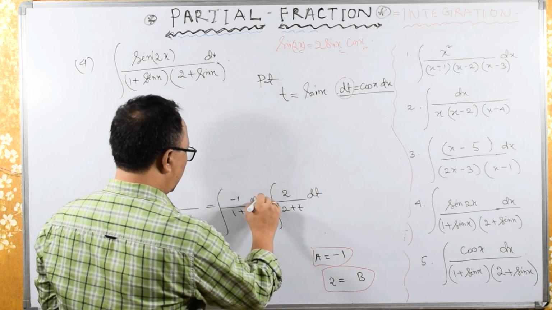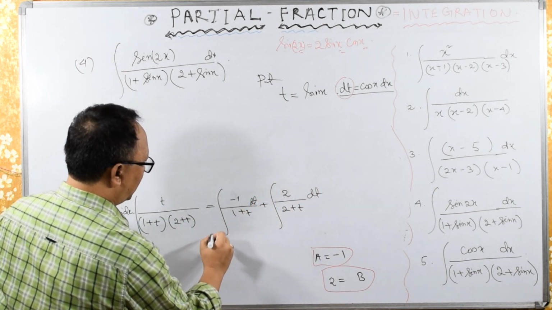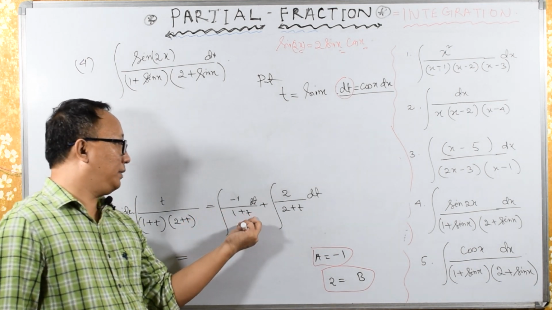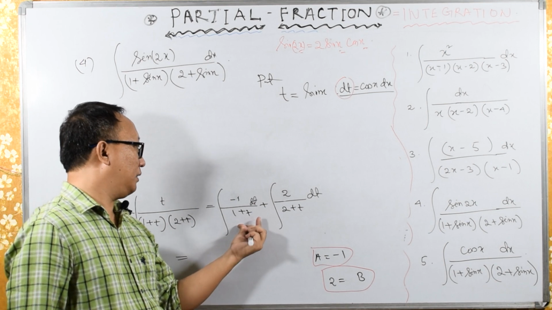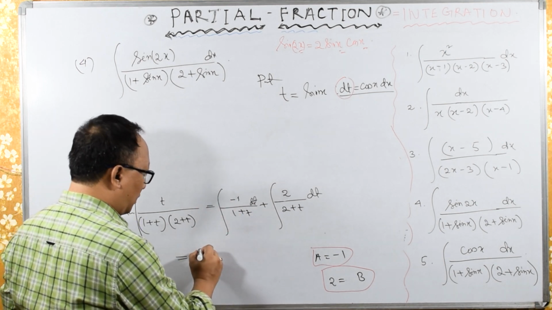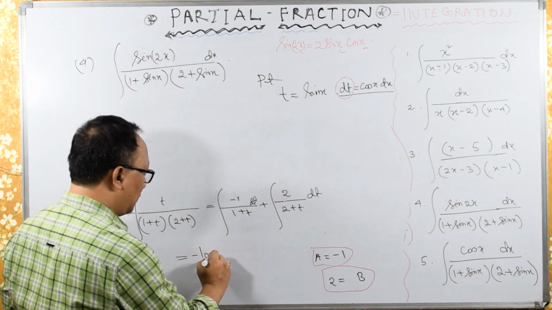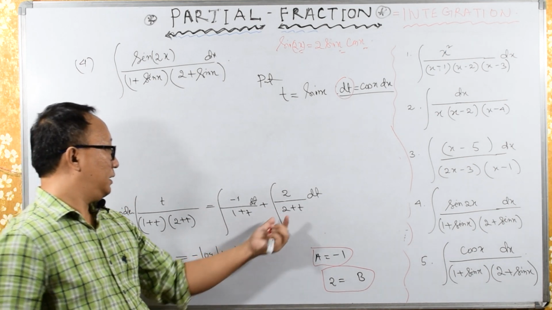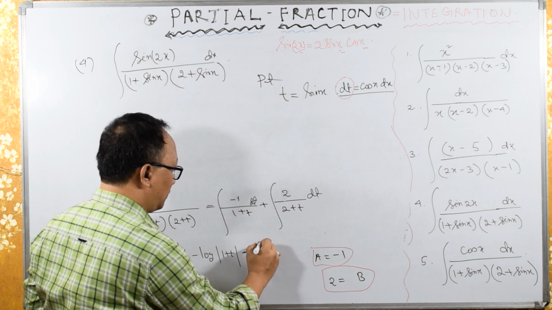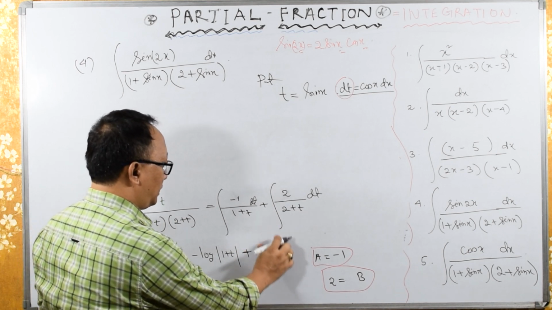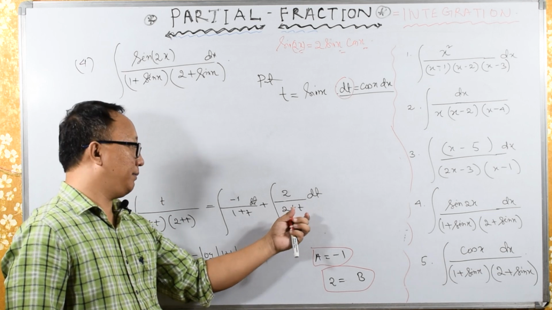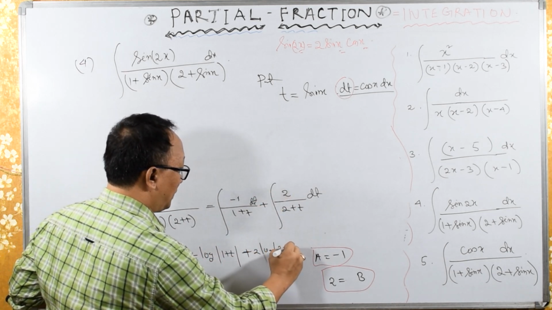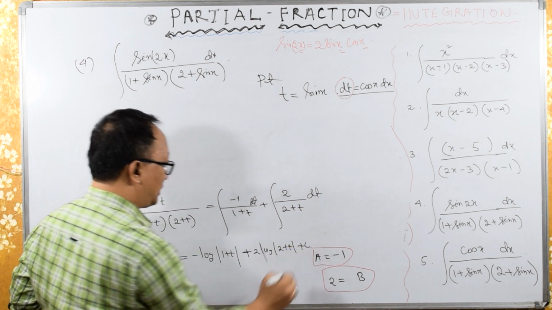Differentiation of 1 plus t with respect to t is 1, so minus 1 I can take common, and we have log of 1 plus t. Plus, here I can take 2 outside, and differentiation of this is the same, 1. Therefore that is log of 2 plus t, plus some constant c.